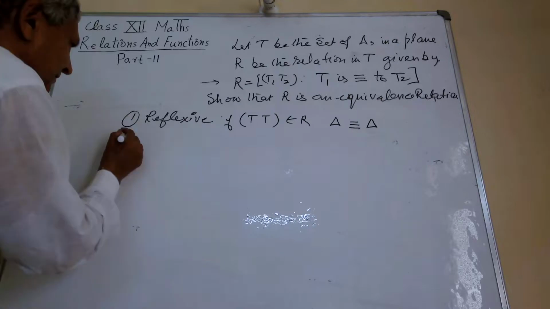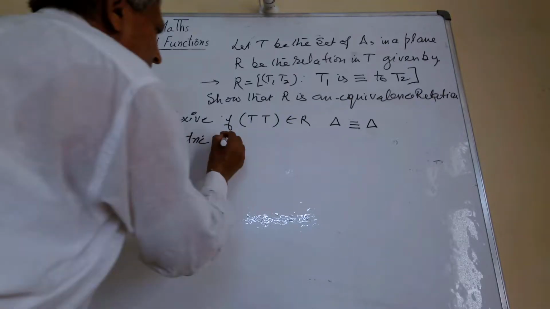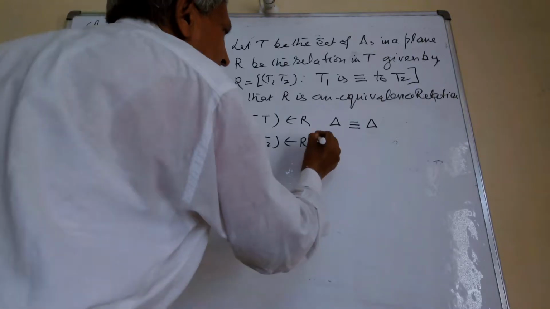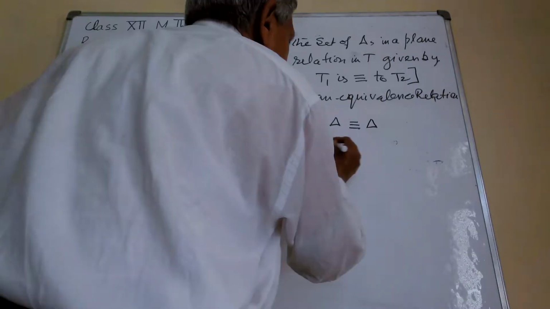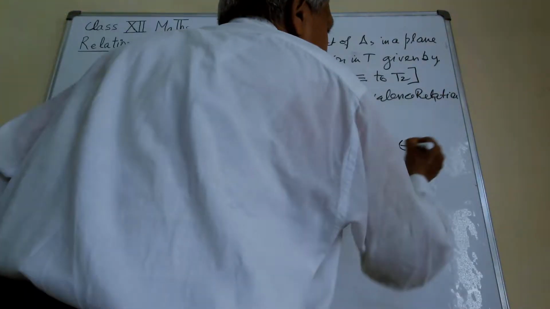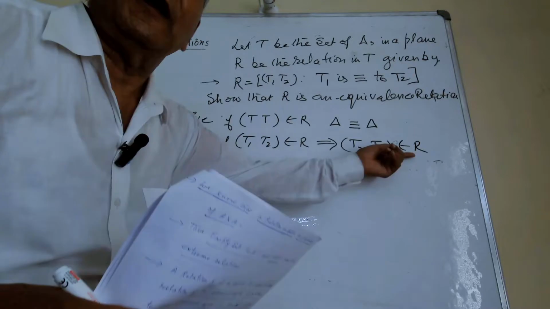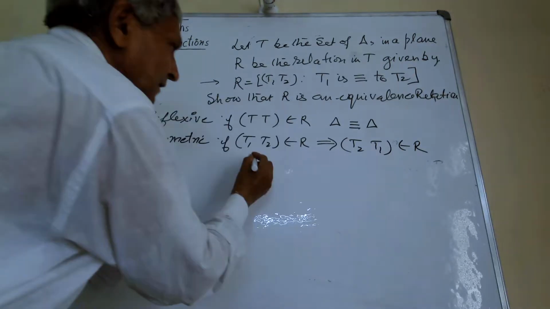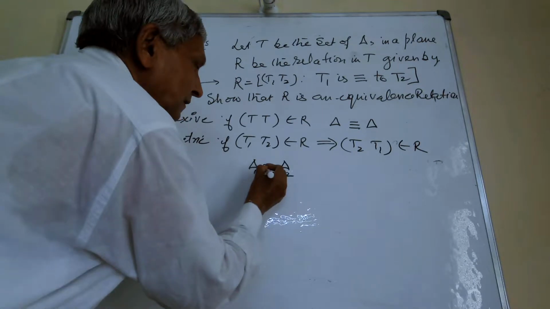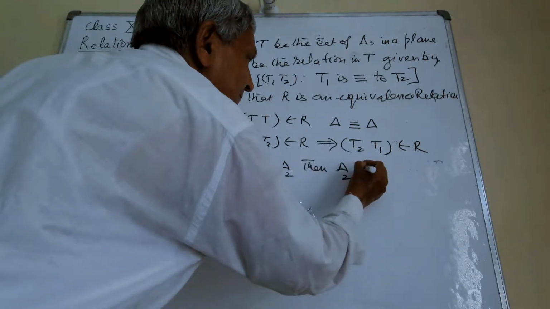Now second, symmetric. If (T1, T2) belongs to R, this implies (T2, T1) belongs to R. I have told you that if (T1, T2) belongs to R, the opposite should also belong to R. Here you see that if first triangle is congruent to second triangle, then second triangle will be congruent to first.